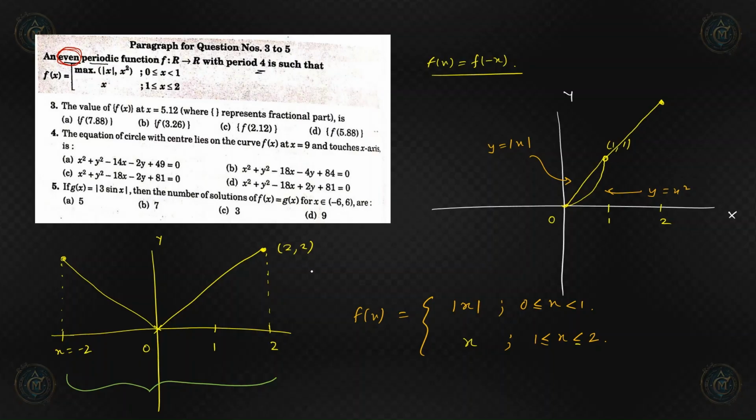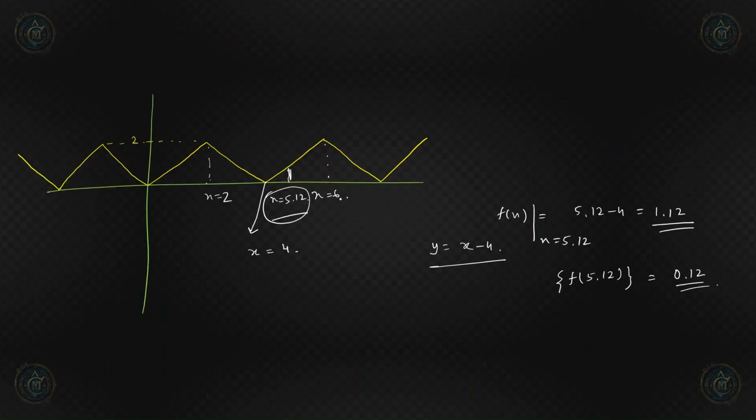Then let us check the options also. F of 7.88, this fractional part. So x equal to 8 is here, right? This is x equal to 8, as this is x equal to 4. This is just a period apart, right? So the gap of them must be equal to 4, so we have this point as x equal to 8. So we have this, let's say, as x equal to 7.88.